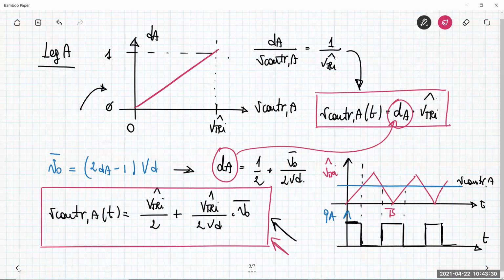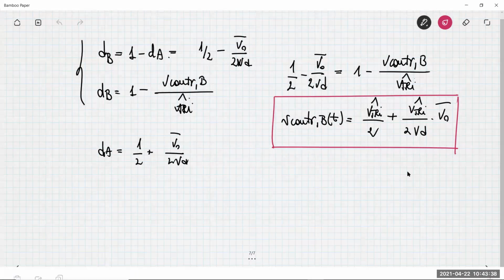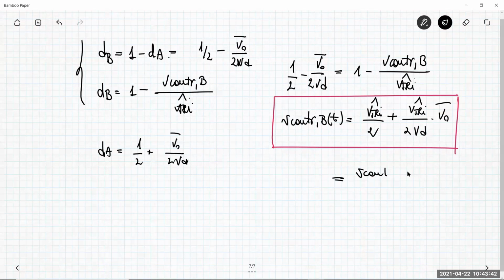The control voltage of the leg A has the same exact expression as the control voltage of the leg B. So this quantity is equal to the control voltage of the leg A. So in this case, it's quite easy to choose as the overall control voltage commanding and generating QA and QB the control voltage A or B, which is the same.